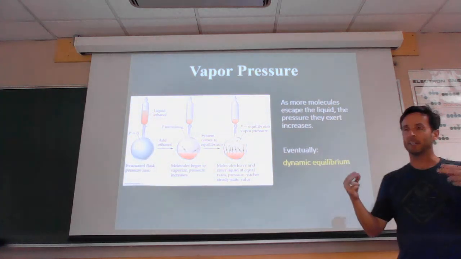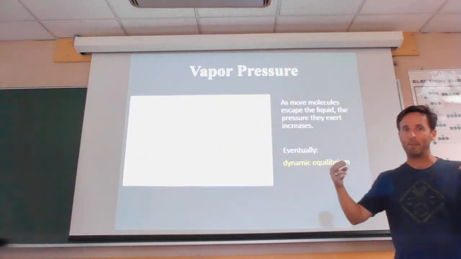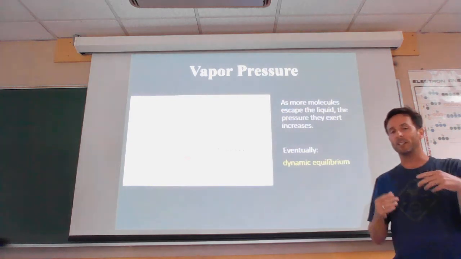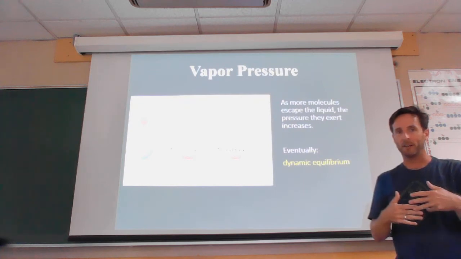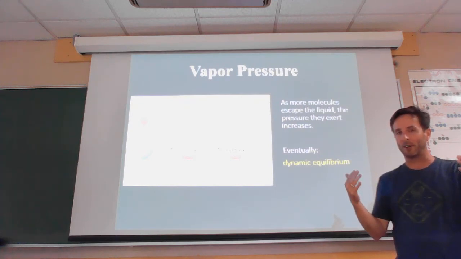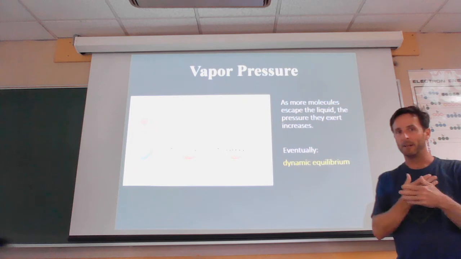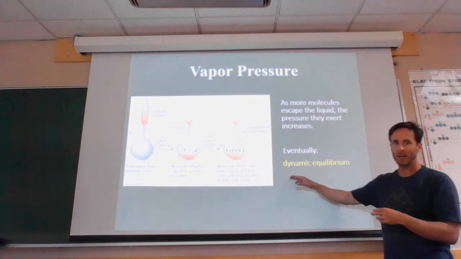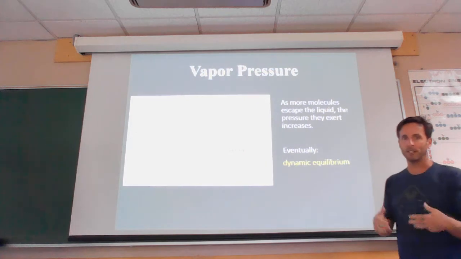Actually, they get to the point where both processes are still happening. Molecules are leaving the liquid, molecules are crashing back down. So the system is always changing, but the two processes are moving at the same speed. So it's balanced even while things change. The word dynamic refers to ever-changing.